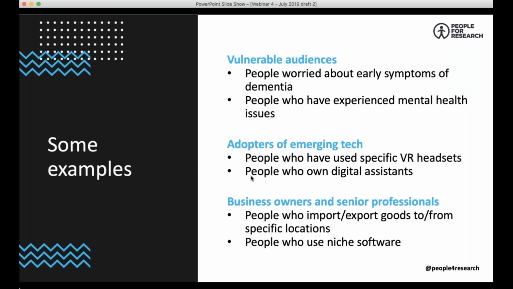With adopters of emerging tech, for example, we have people who have used specific virtual reality headsets, AR apps, people who own digital assistants like Alexa. This is another interesting one, because if you're building a panel with adopters of emerging tech, you need to adapt the recruitment process to cater to these new audiences, because these are new products.